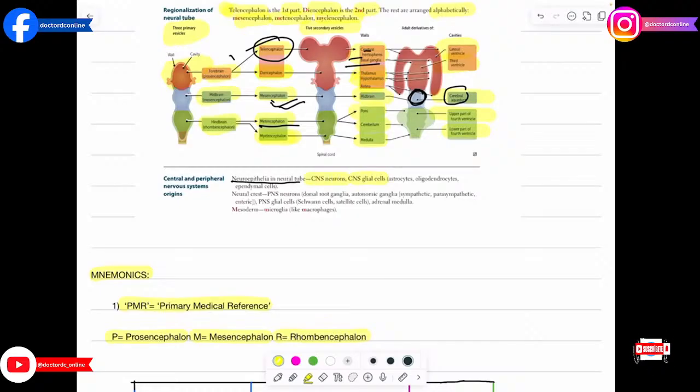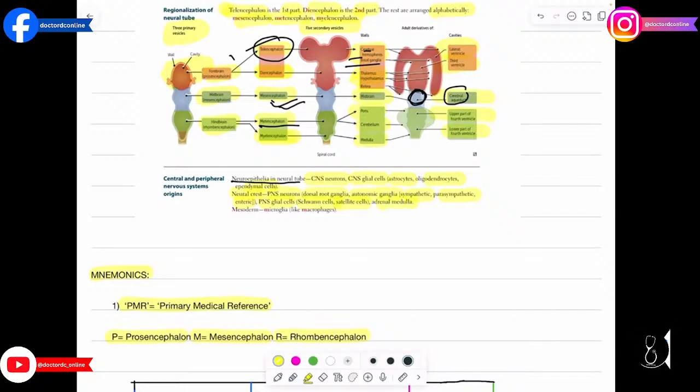The neural crest cells form the PNS and other tissues: PNS neurons, like dorsal root ganglia and autonomic ganglia, sympathetic, parasympathetic and enteric; PNS glial cells, that is Schwann cells and satellite cells; and adrenal medulla.